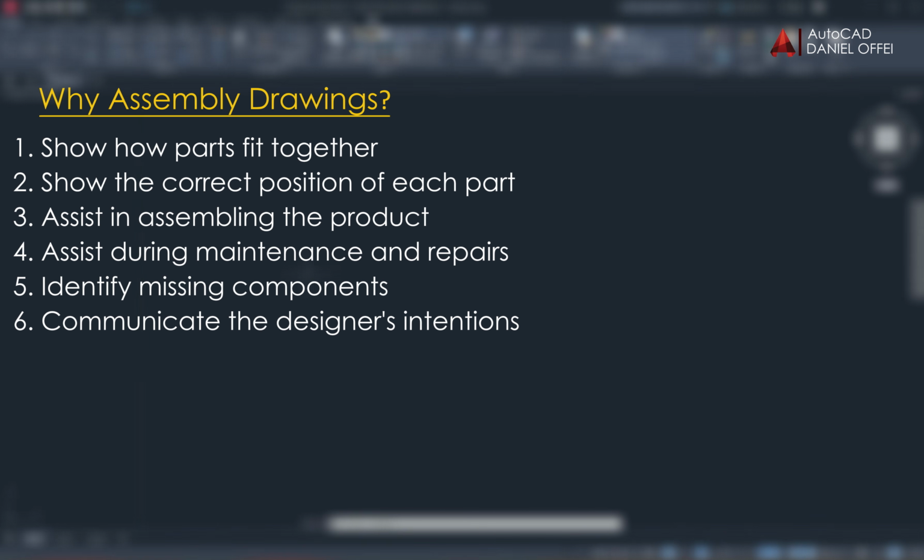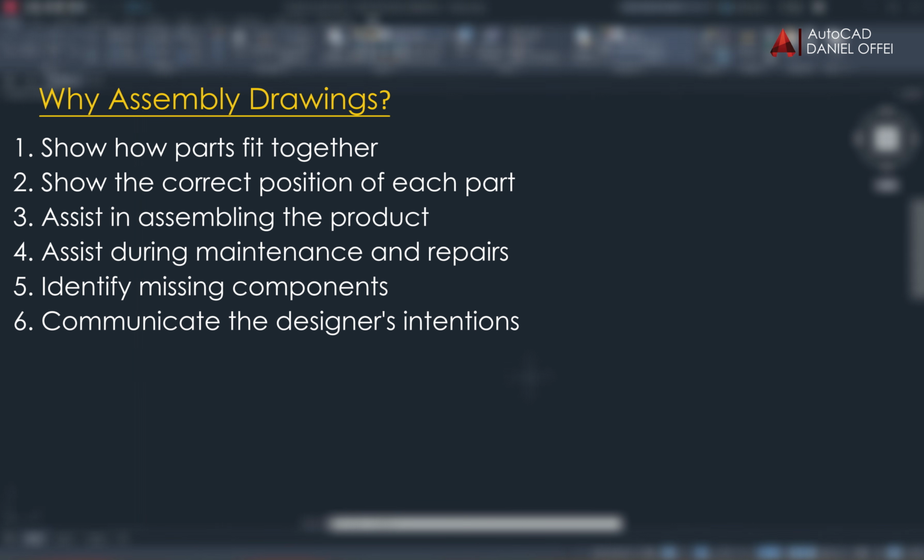So why do we even need assembly drawing in the first place? One, it shows us how parts fit together in a machine or a complete product. It also shows us the correct position of each part when we are supposed to assemble them. It can also help us in assembling a product, and when it comes to maintenance and repairs, we know how to disassemble the product.